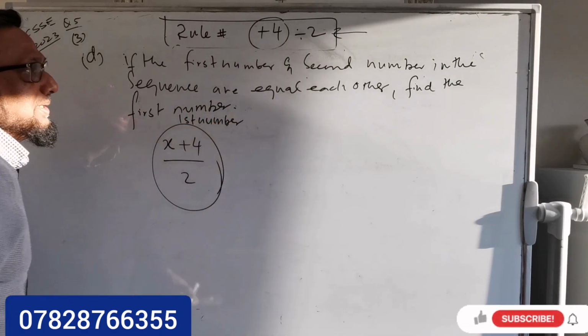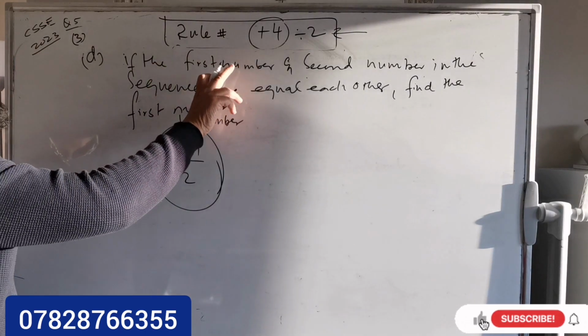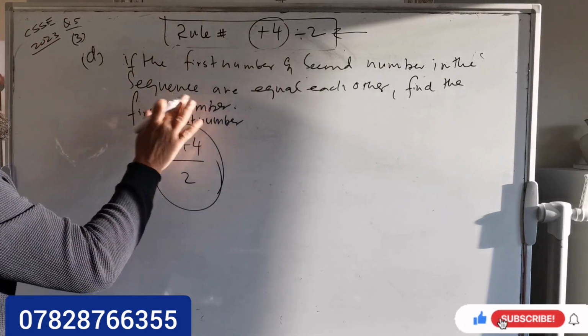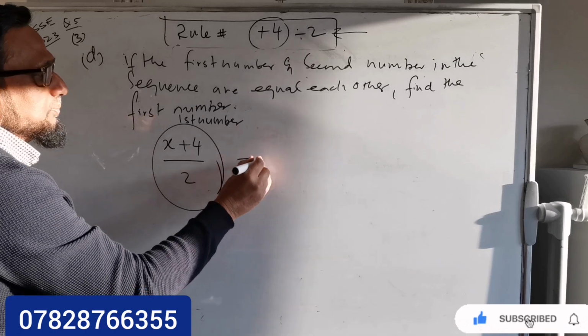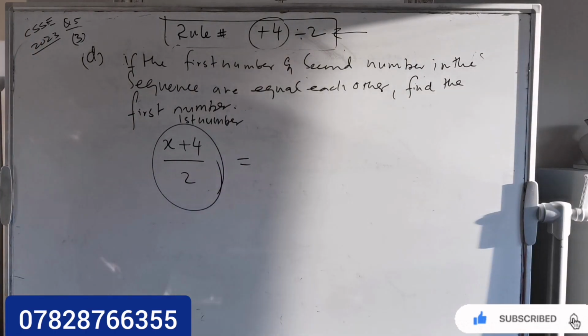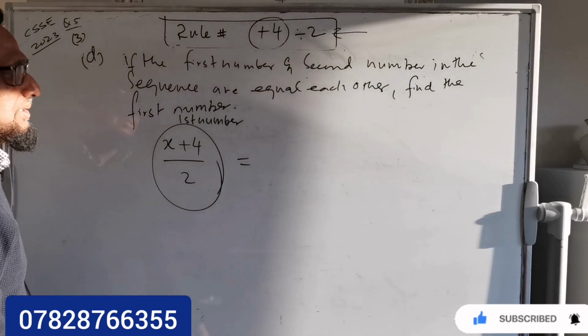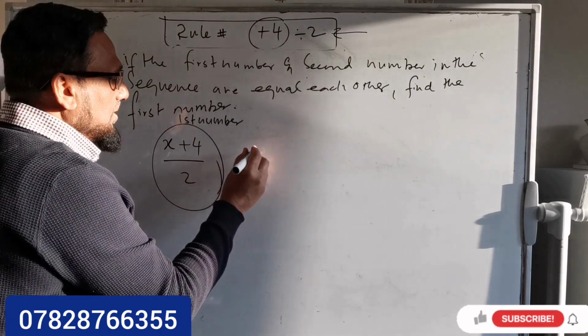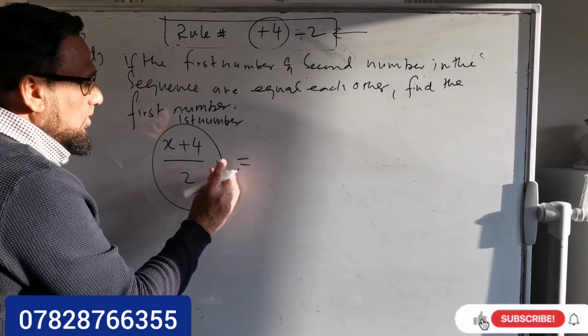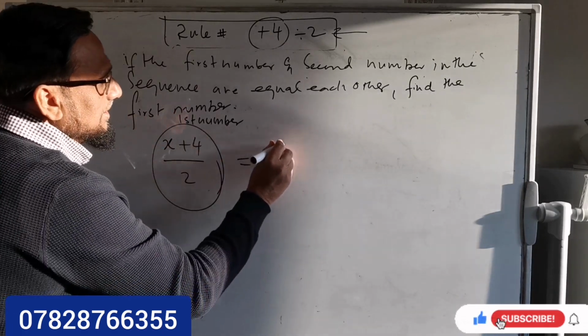The first number and the second number in the sequence are equal to each other, so I can put the equal sign. The second number is found the same way as the first, so I can copy it as it is.